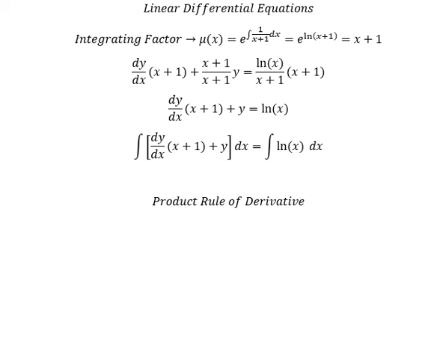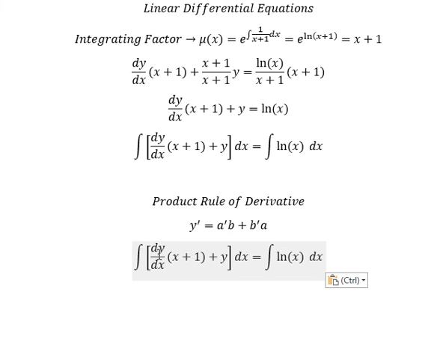So we have the first derivative of y equals the first derivative of a multiplied by b plus the first derivative of b multiplied by a. So in this one, we have the first derivative of a multiplied by b.